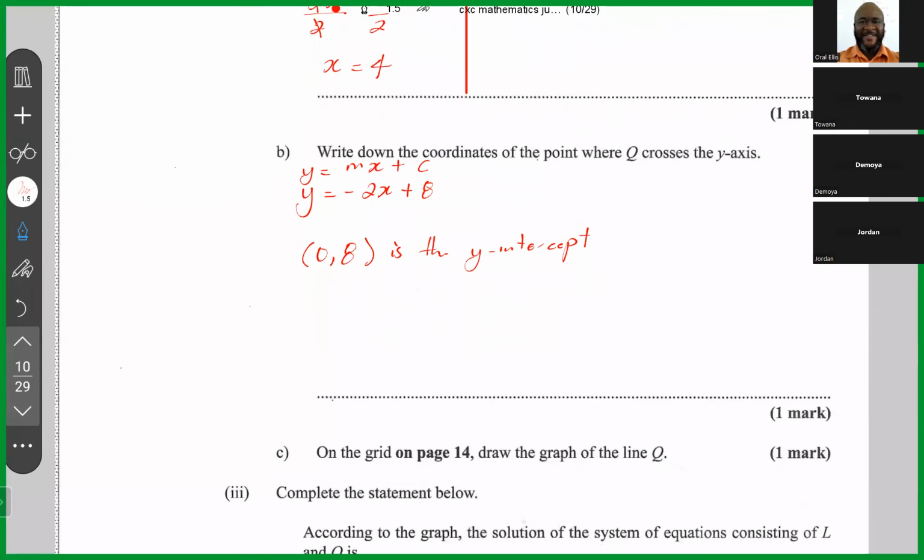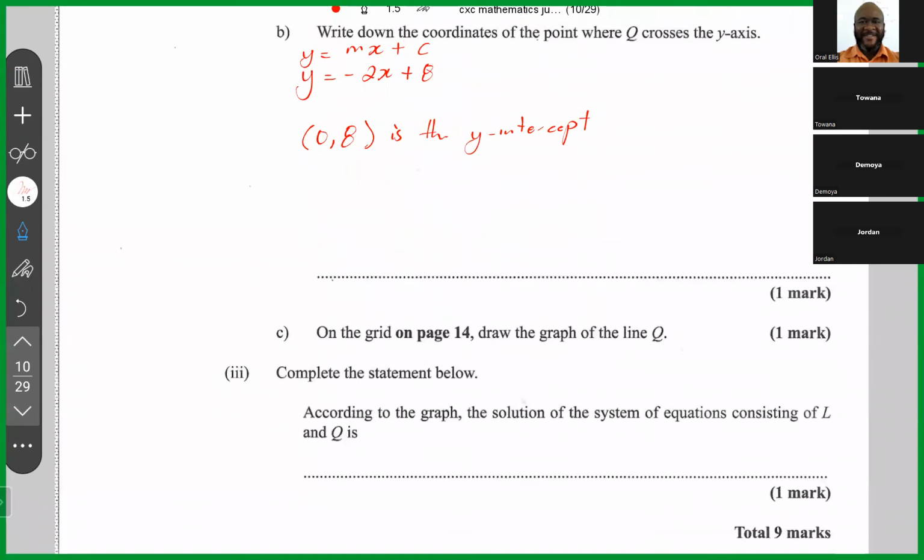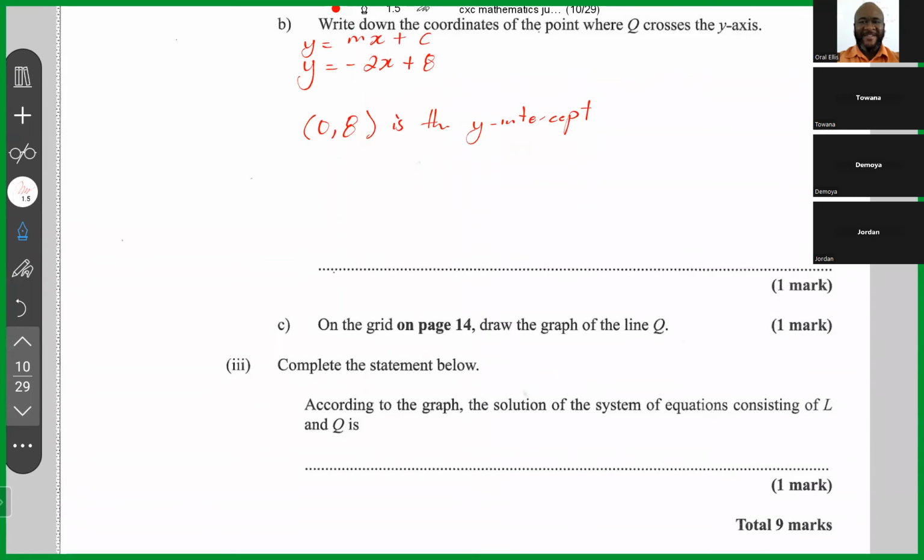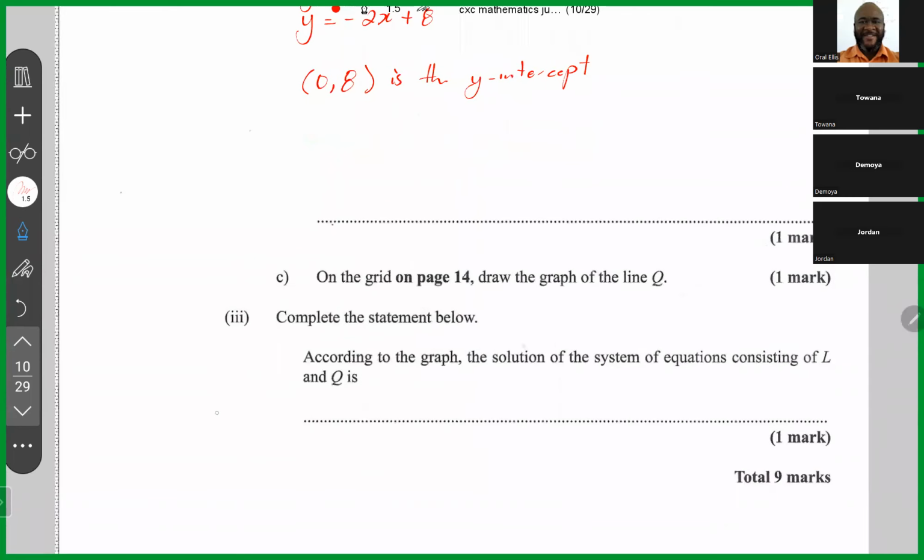All right, so let's see the last part of the question. We're asked to complete the statement. According to the graph, the solution of the system of equations consisting of L and Q is, all right, first of all, L is y is equal to a third x plus 1.